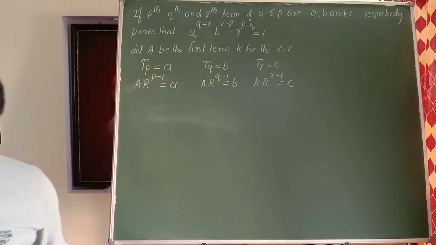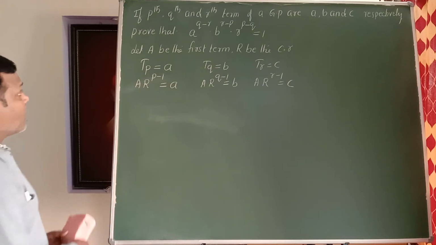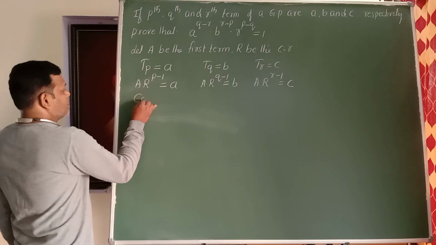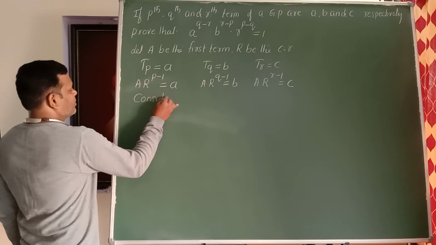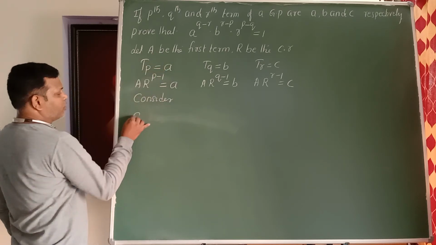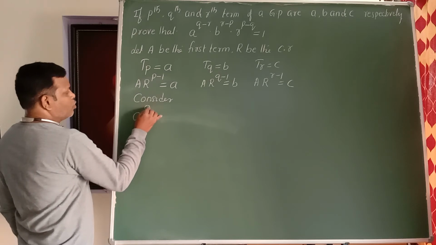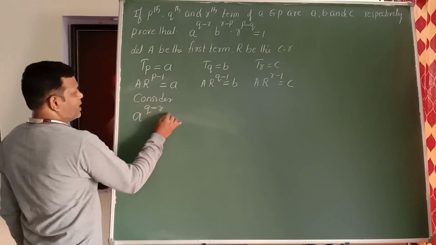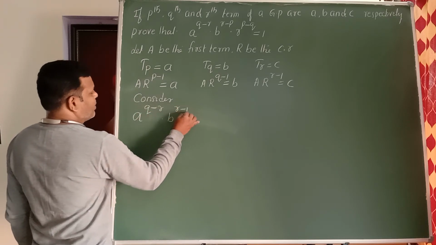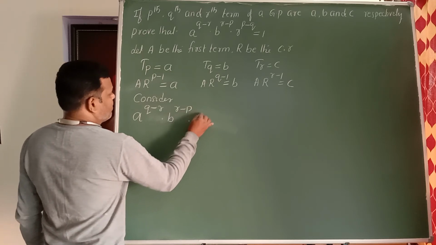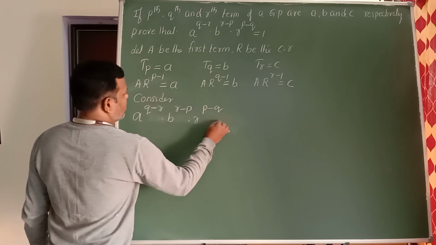Now what to do here? We have to consider what they have given. We wish to prove that a power Q minus R into b power R minus P into c power P minus Q. Look at me.